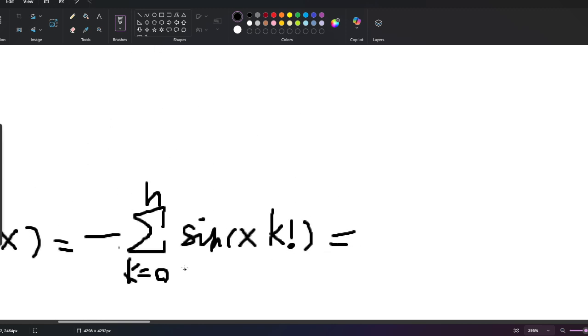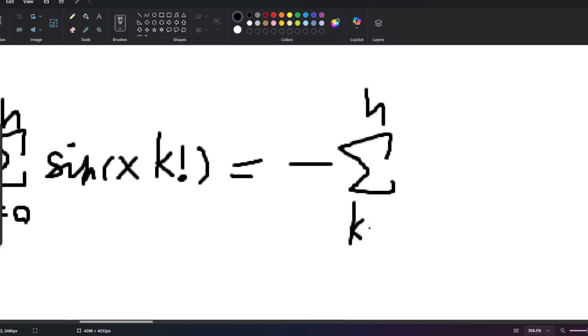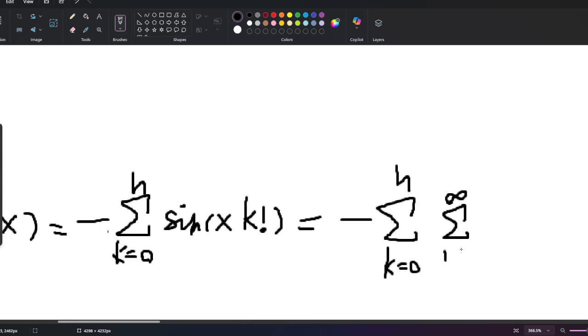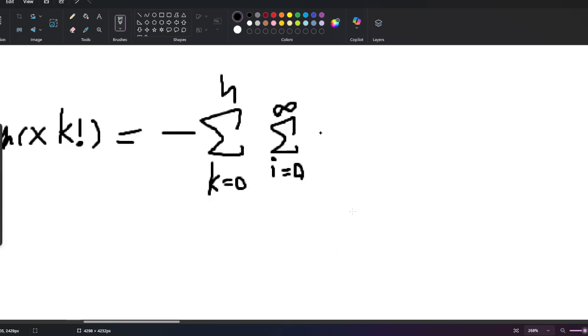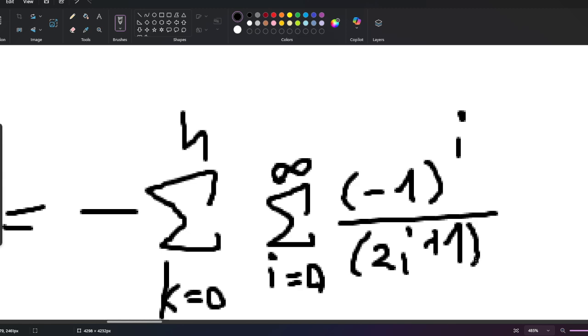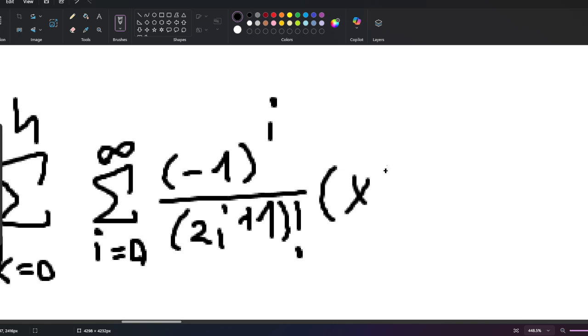So if we were to write down the Maclaurin series for sine over here, minus 1 to the power of i over 2i plus 1 factorial times xk factorial to the power of 2i plus 1.